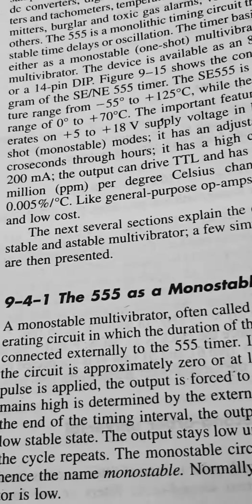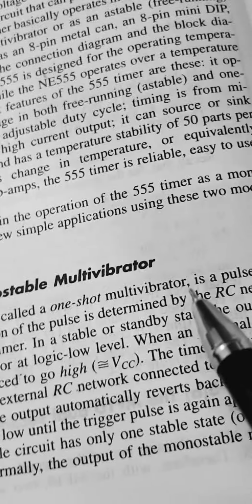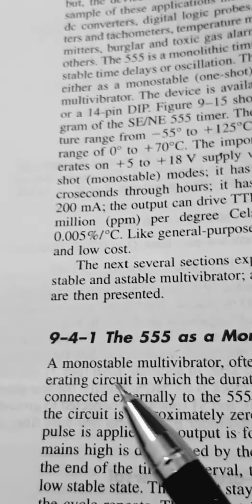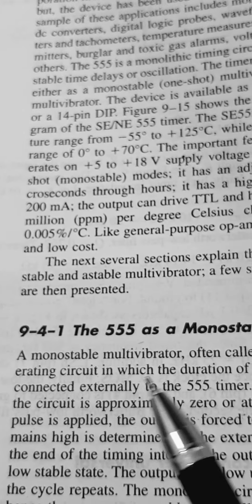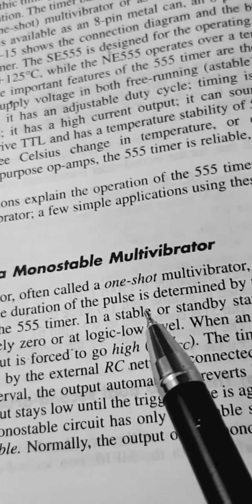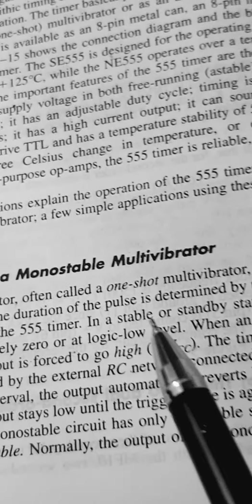Next, we will see the 555 as a monostable multivibrator. A monostable multivibrator, often called a one-shot multivibrator, is a pulse generating circuit in which the duration of the pulse is determined by the RC network.